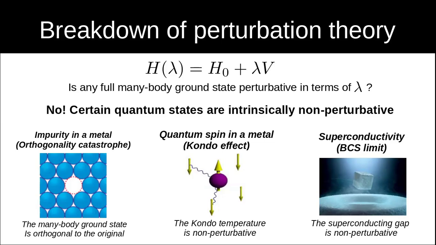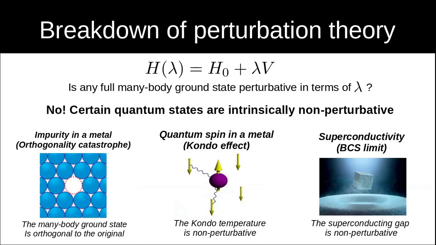Another case that is very much related with this one is the case of a quantum spin in a metal that gives rise to the Kondo effect. And the Kondo effect is also a non-perturbative effect in quantum many-body systems. And in particular, the Kondo temperature is non-perturbative in the actual coupling between the Kondo impurity and the electron gas.